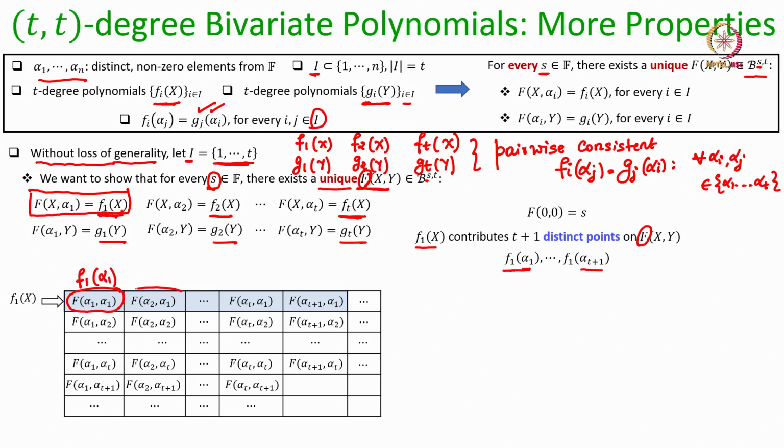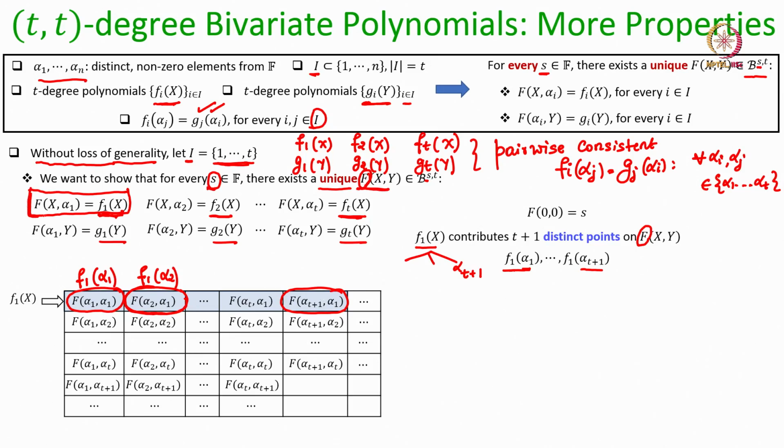In the same way, when I evaluate the univariate polynomial f_1 at x equal to alpha_2, that is nothing but one more distinct point on that unknown bivariate polynomial, and like that when I evaluate this f_1 polynomial at x equal to alpha_(t+1), that basically gives me one more distinct point on that unknown bivariate polynomial.